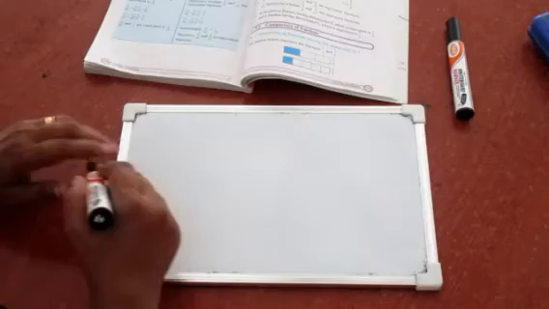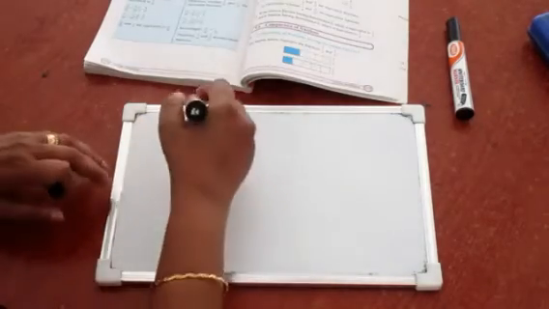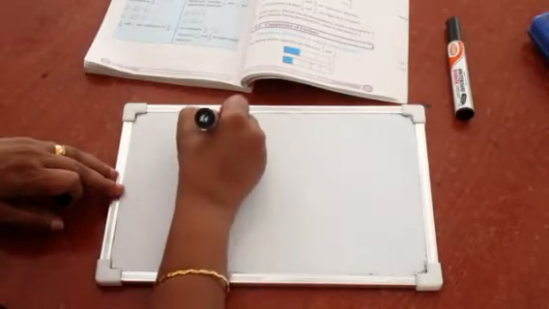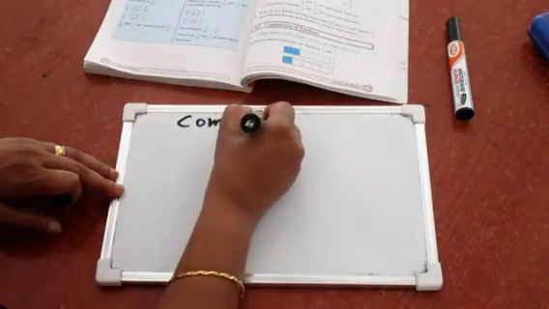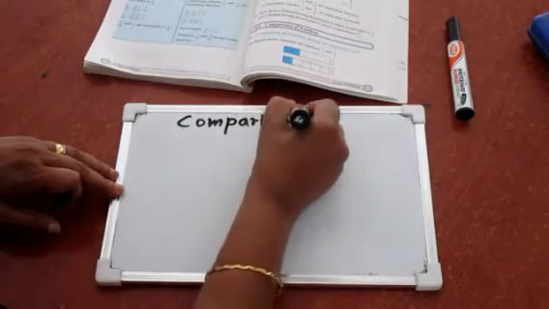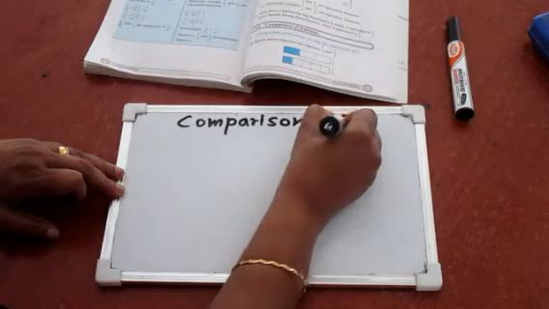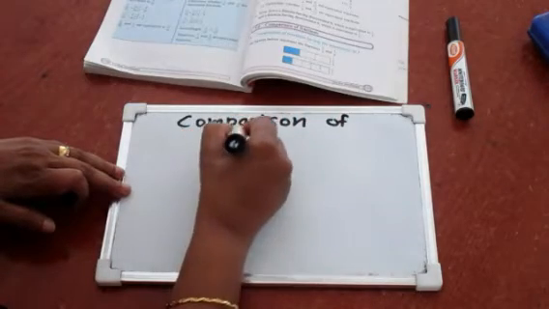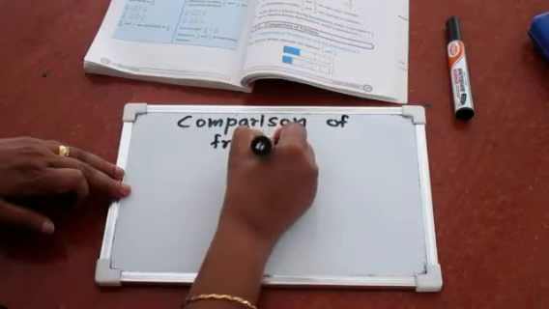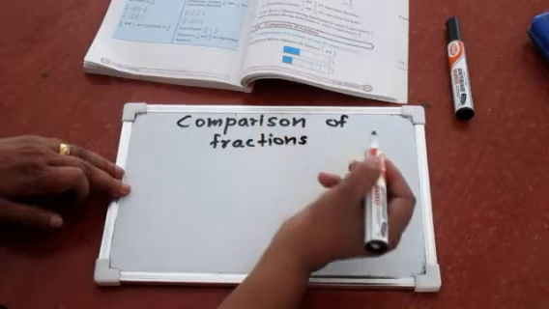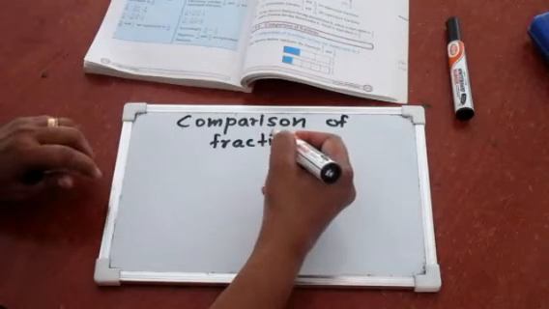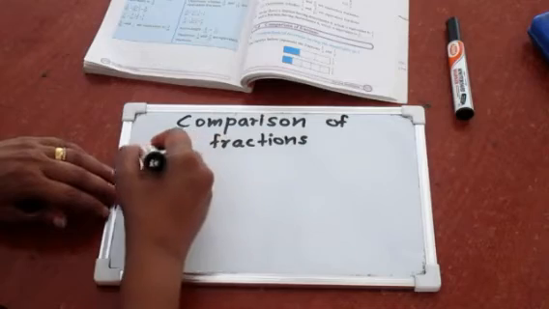Let's move to the next part of the lesson, comparison of fractions. First, we will compare the fractions having numerator as 1.